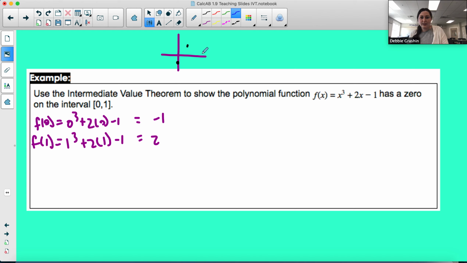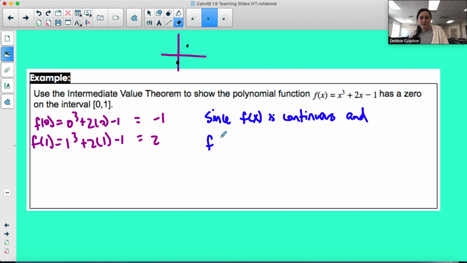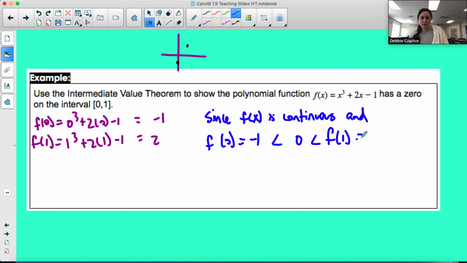Our statement would say something like this. You have to make sure the condition's met. Since f of x is continuous, and we know it's continuous because it's a polynomial function, and all polynomial functions are continuous, and f of 0, which is negative 1, is less than 0, which is less than f of 1, which is 2.